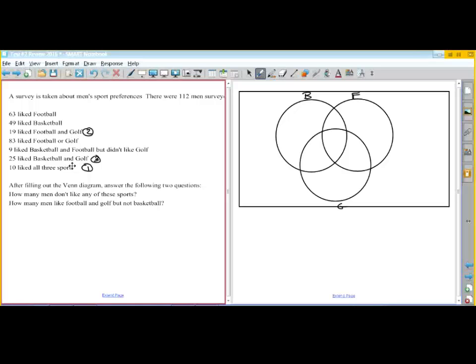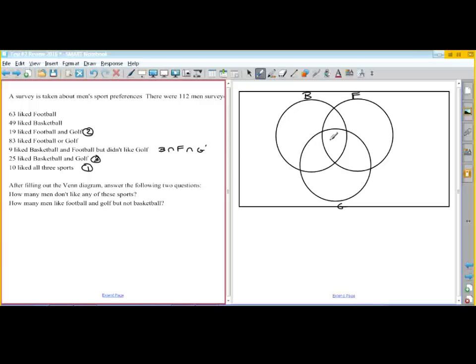You can do either one in whatever order you want. Now you've got this football or golf, and that's usually later because you need more information to solve that. You might have likes two sports but doesn't like golf. Well, that would be like B intersect F intersect G complement.